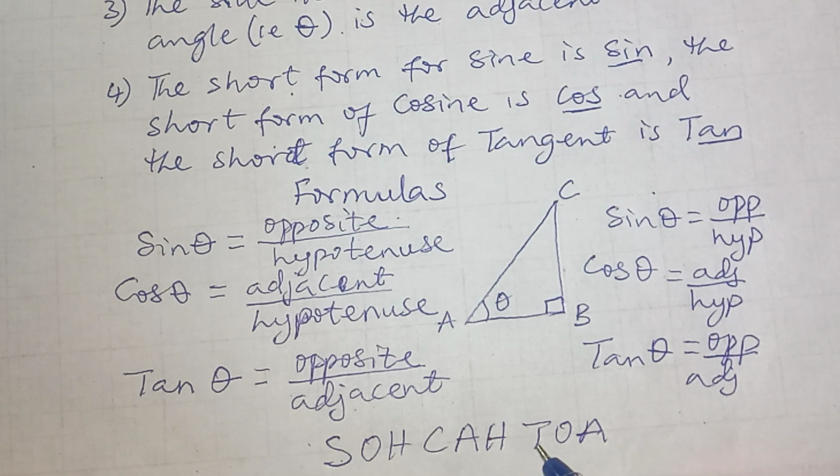T stands for tan theta, O stands for opposite, and A stands for adjacent. So we say it like this: sin theta is equal to opposite over hypotenuse. Then CAH: cos theta is equal to adjacent over hypotenuse. Then TOA: tan theta is equal to opposite over adjacent.